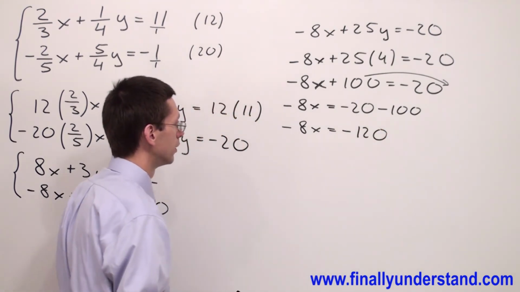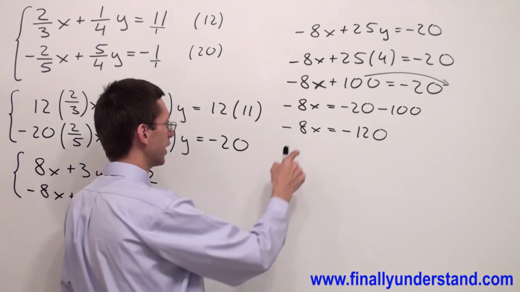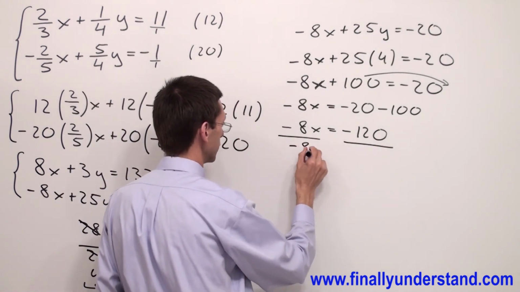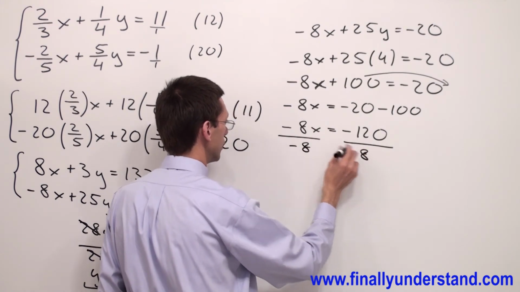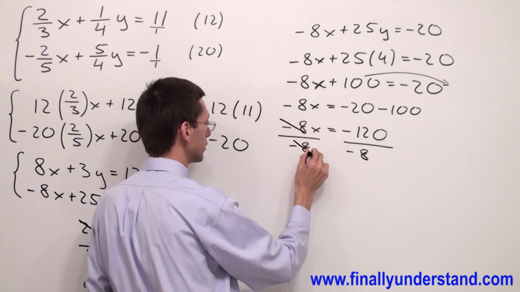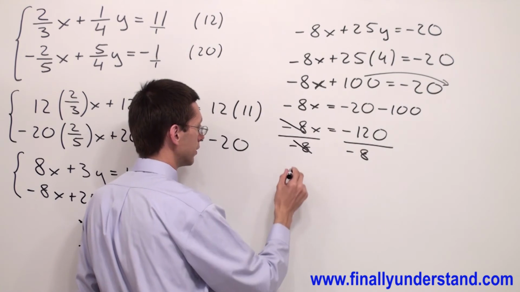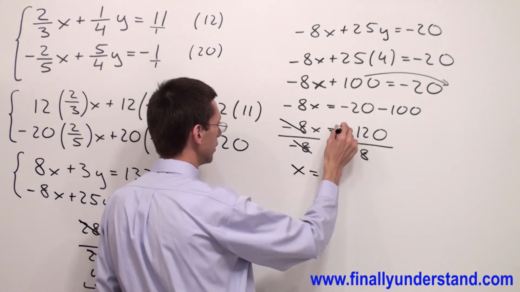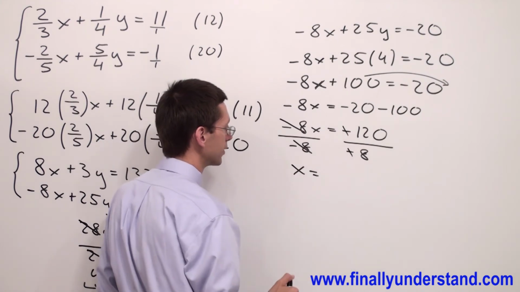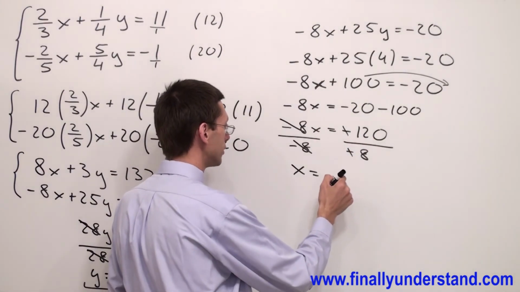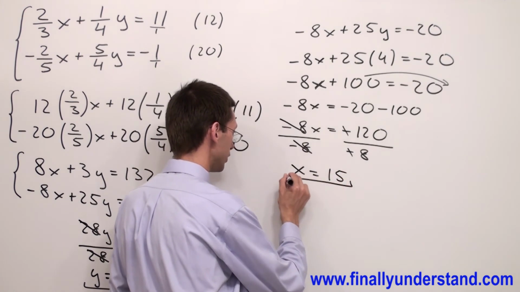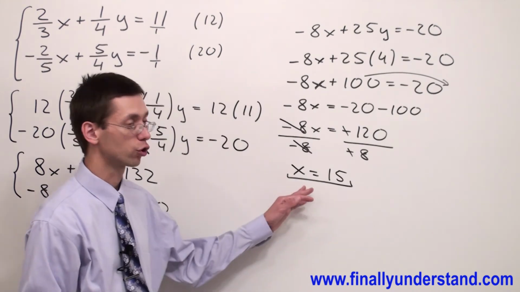And next, I'm supposed to find the value of x. In order to find the value of x, I have to divide both sides of the equation by negative 8. Negative 8 and negative 8 will cancel out, and x is equal negative divided by negative gives me positive, and 120 divided by 8 is equal 15. And this is my x coordinate.